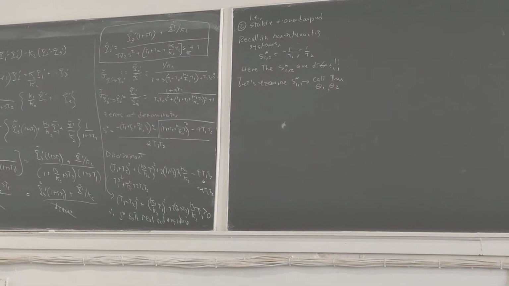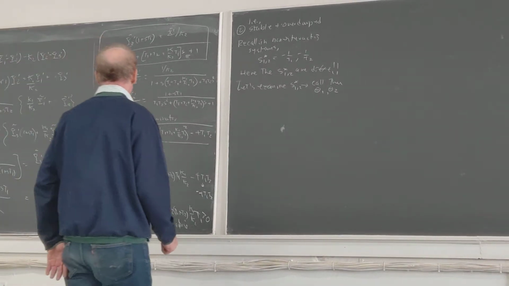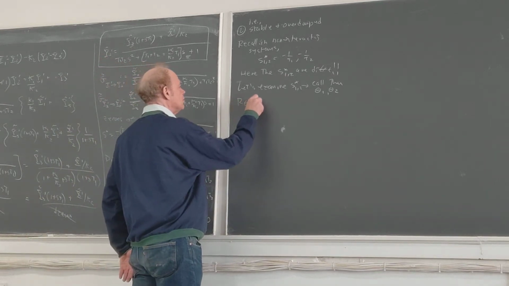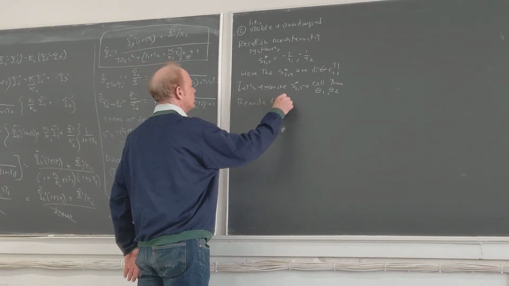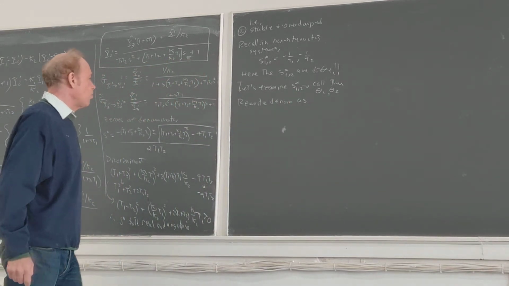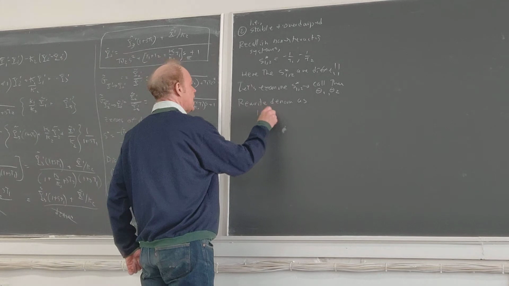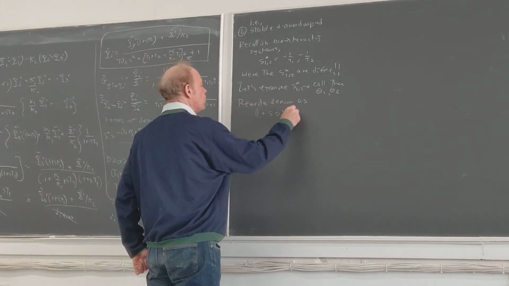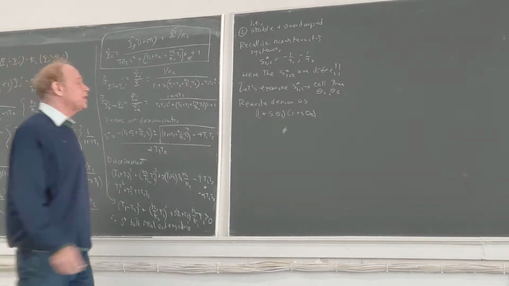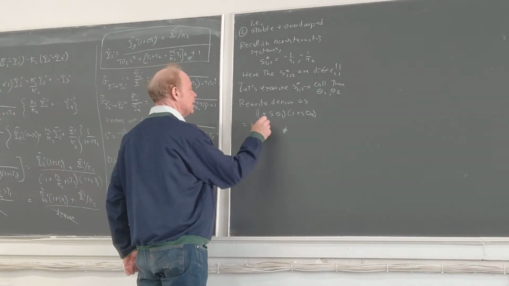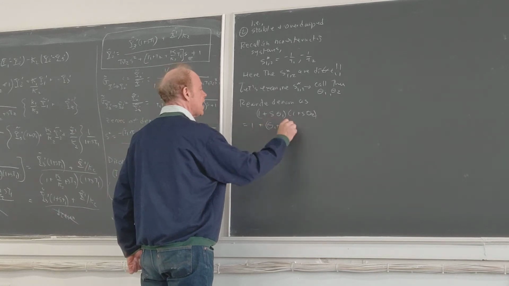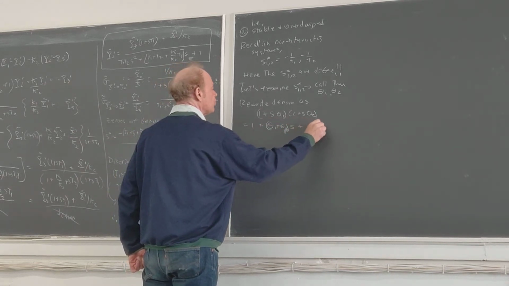So this equation, the denominator, rewrite the denominator as 1 plus S theta 1 times 1 plus S theta 2. Because when I multiply it out, I'll get 1 plus theta 1 plus theta 2 S plus theta 1 theta 2 S squared.